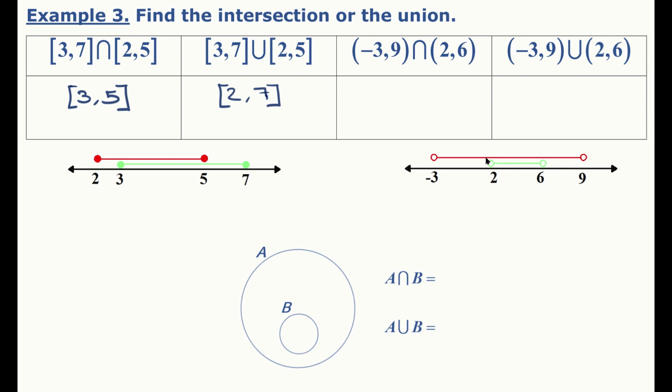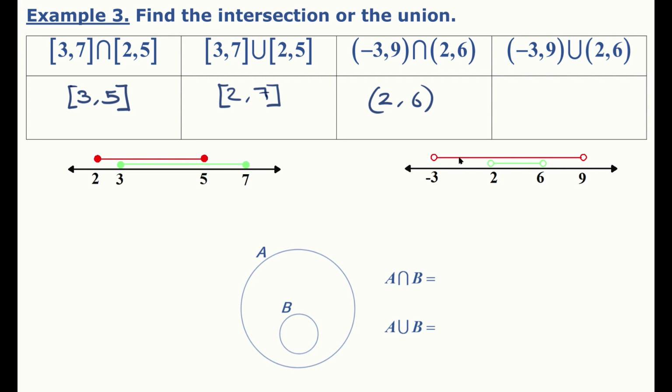So the intersection of these two sets is just the same as the green team, so from 2 to 6. All right, so remember, it's going to be open on both ends because neither 2 nor 6 is in the intersection, because it's not in the green team. In order for it to be in the intersection, it would have to be in both teams, right?